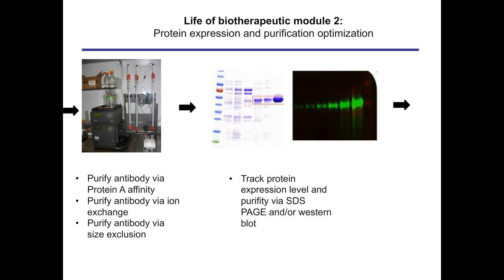And often during the process, the ability of each of these steps to enrich the purity is tracked by polyacrylamide gels, where the proteins are separated by size, and then examined via either Coomassie staining or subsequently perhaps by silver or colloidal Coomassie to give a more sensitive readout.